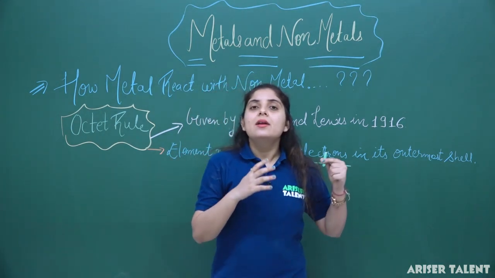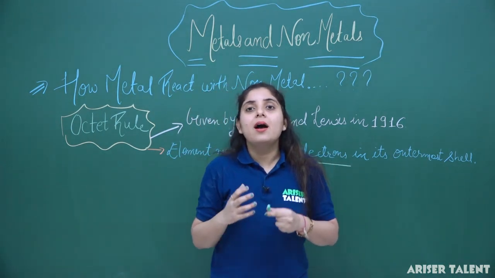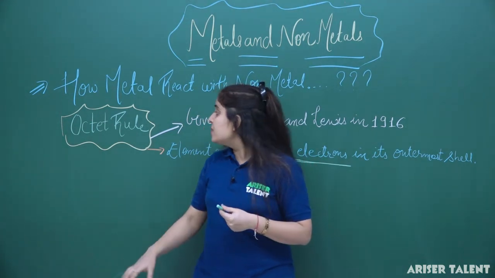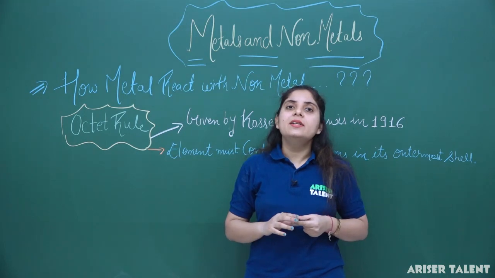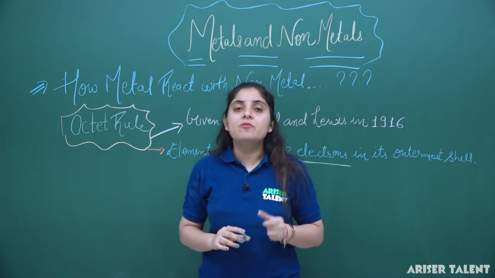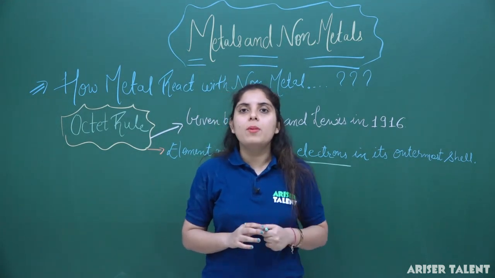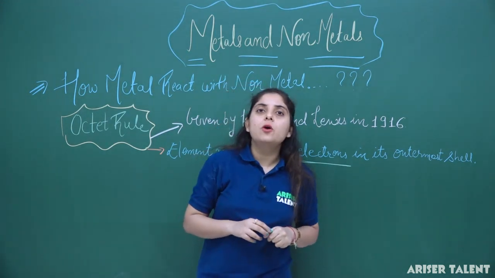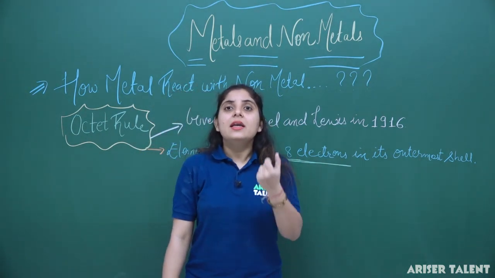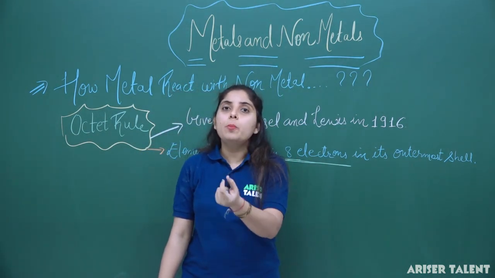Noble gases like neon, argon, krypton are chemically inactive gases, inert gases, because they have a complete octet in their electronic configuration. But there is one exception, that is helium, which is also a noble gas, having 2 electrons in its outermost shell. So we can't say that its octet is complete. We can say that the helium atom has its duplet complete.